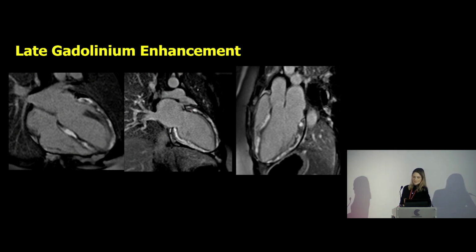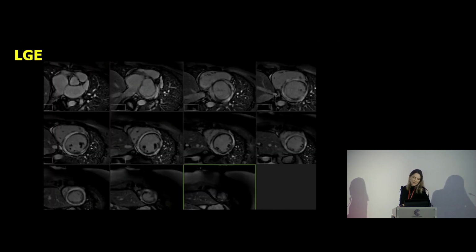Late gadolinium enhancement: there's no need for a description, it's a scary image. There is a non-ischemic subepicardial mid-wall pattern, reaching transmurality at several points throughout the myocardium, from basal to apical segments. Short axis shows a very clear circumferential pattern sparing the endocardium, with RV involvement.